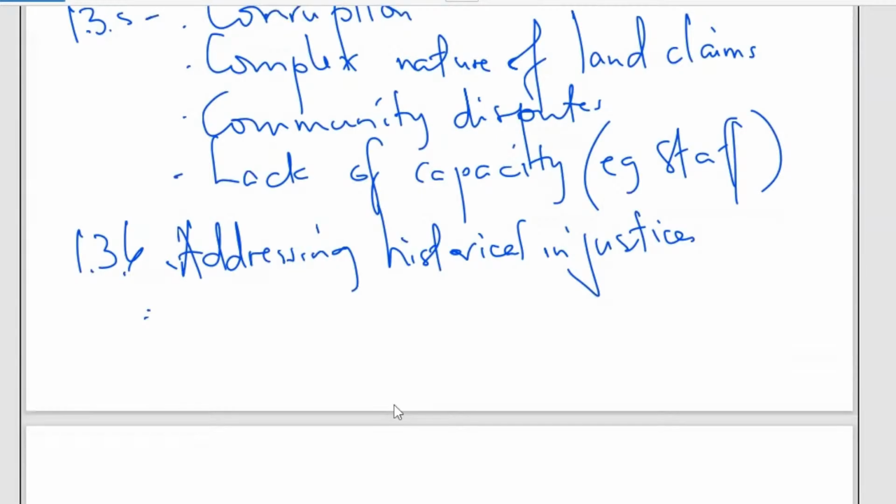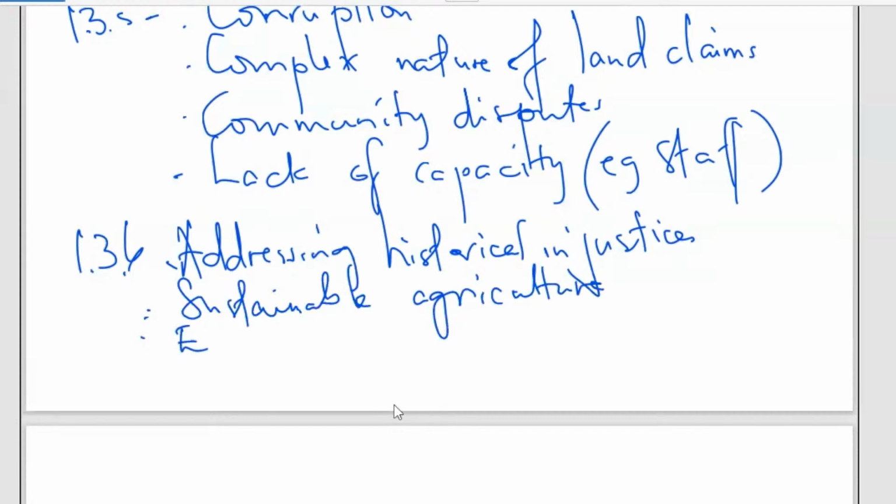Then we can also look at fostering sustainable agriculture. Land reform allows farmers to practice sustainable farming that will ensure that they have a way of life and are guaranteed security in the rural areas. And also we can talk of economic opportunities.